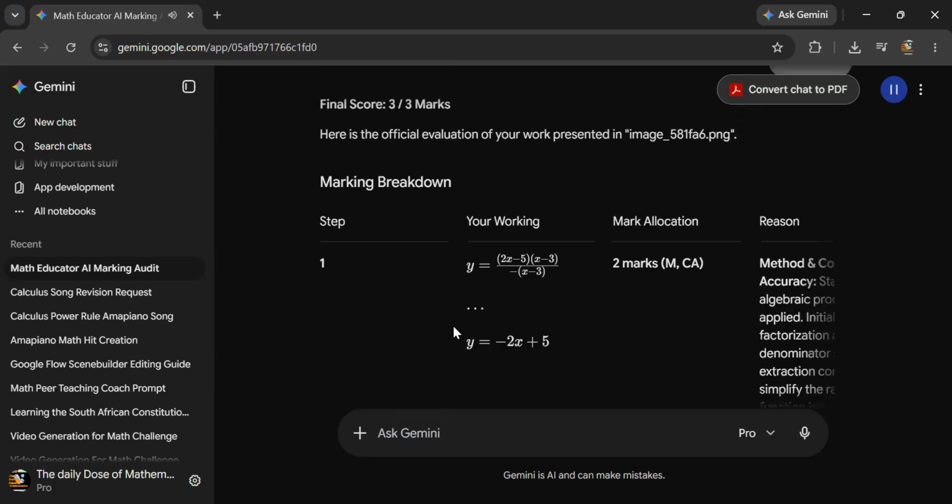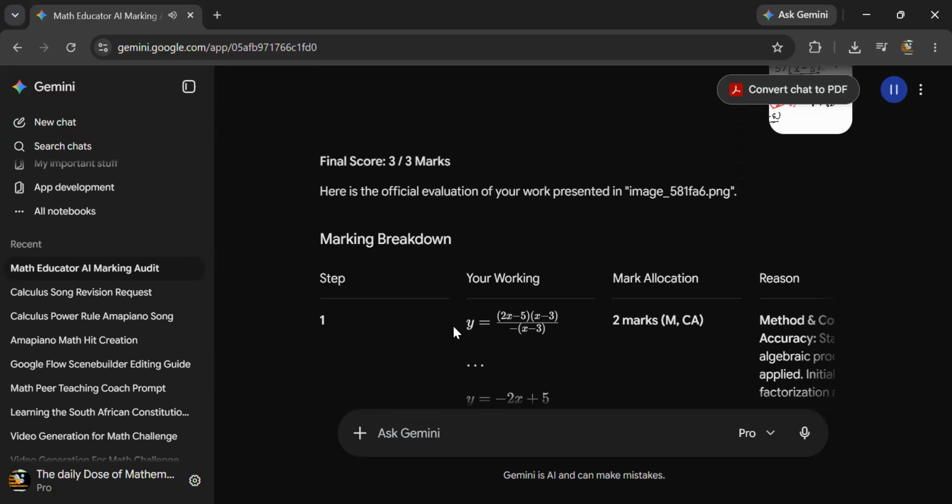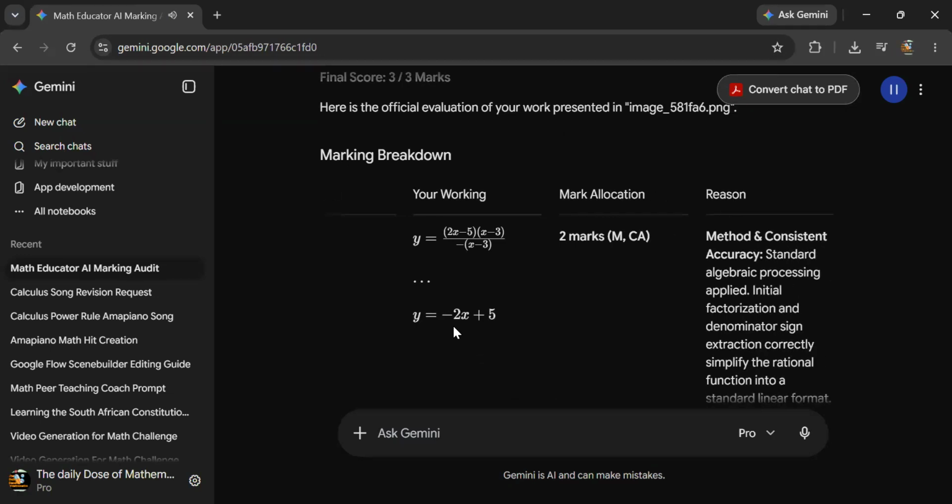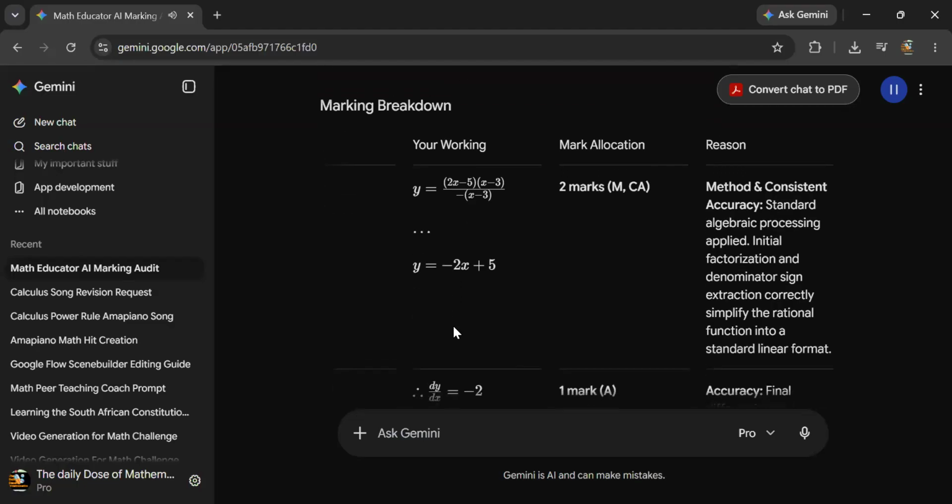3/3 marks. Here is the official evaluation of your work presented in image. Marking breakdown. Step, your working, mark allocation, reason. 1. y equals frac 2x minus 5 over x minus 3, so y equals minus 2x plus 5. 2 marks, M, CA, method and consistent accuracy, standard algebraic processing applied.